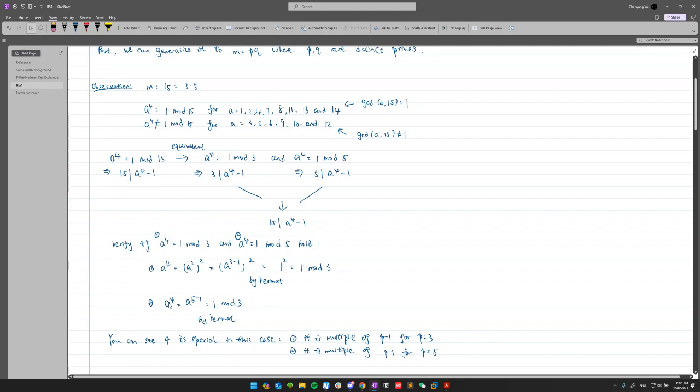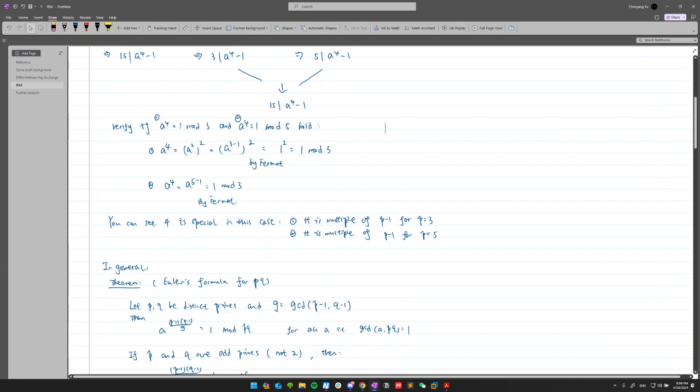The other equation is easier to prove. This is just a to the p minus 1 power. So you can use Fermat's theorem twice to prove the decompositions are true, and then the original statement is true, right? So this is the idea.